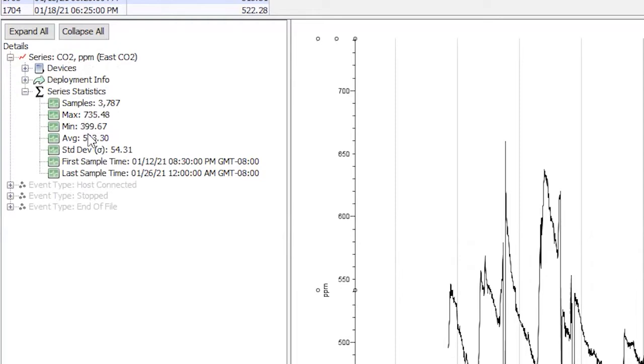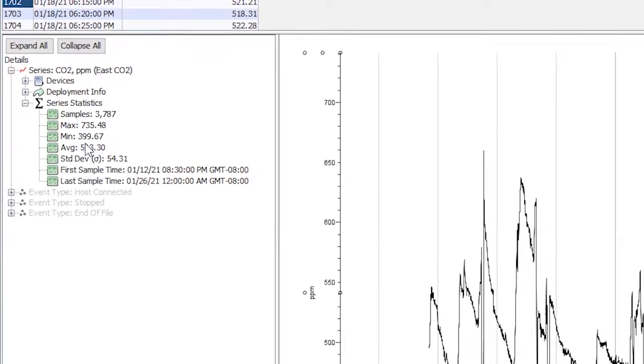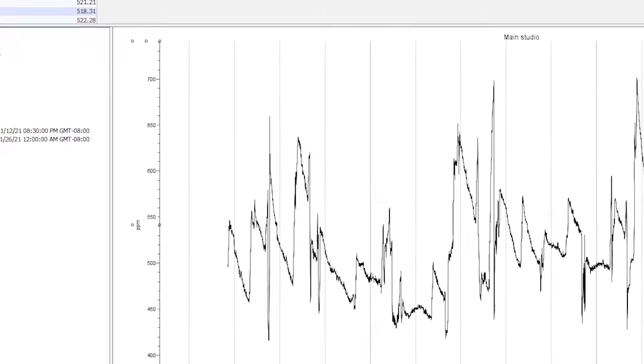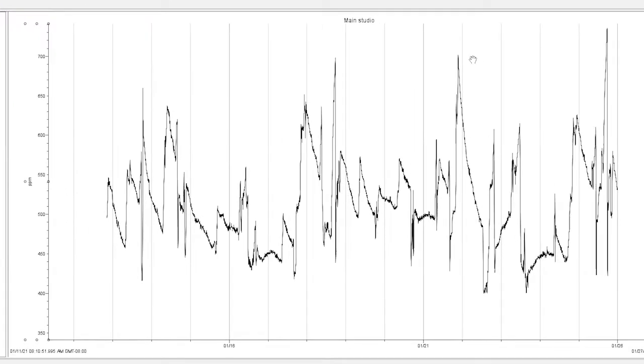And our average is about 513. So averaging 500 seems great, but what we really want to be concerned with are these peaks. And so it's good to look a little closer and see how long those peaks are lasting.